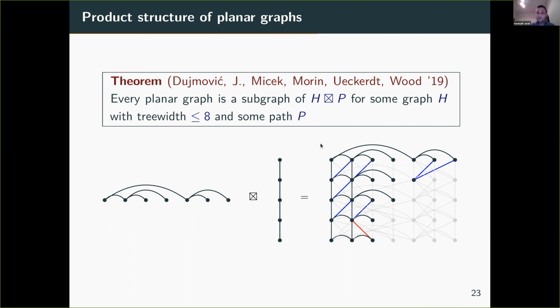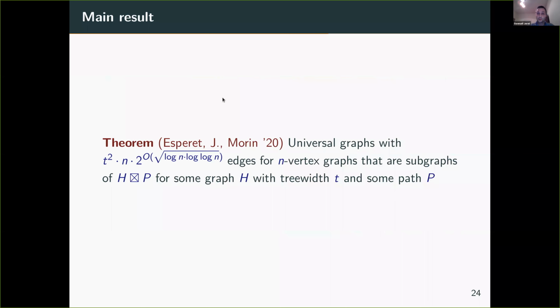Okay, and that's the tool we are going to use to get better universal graphs. So as you might have guessed, now our main theorem is not really about planar graphs, but it's about the strong products of a bounded tree width graph and a path. And we want to realize all the n-vertex graphs that can be realized as a subgraph of a bounded tree width graph and a path.